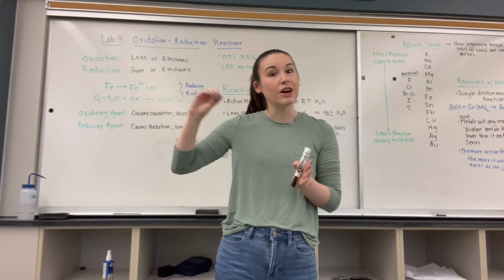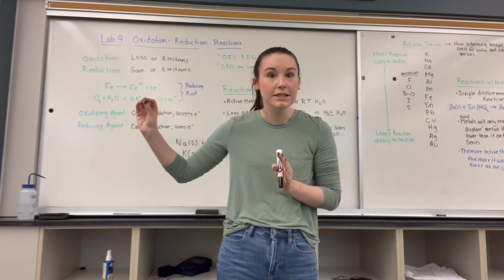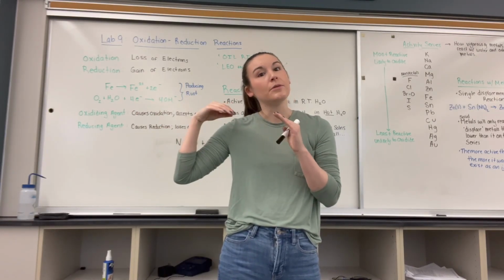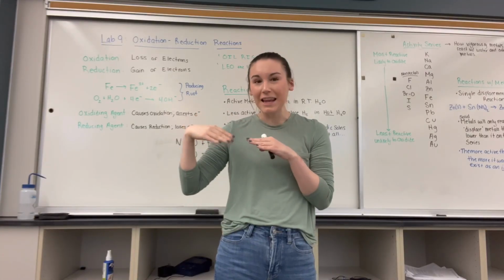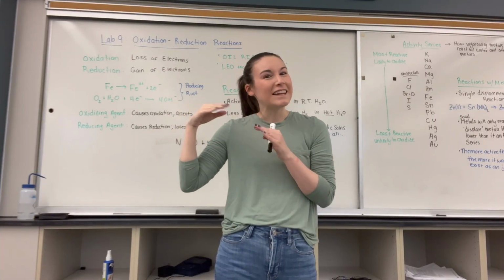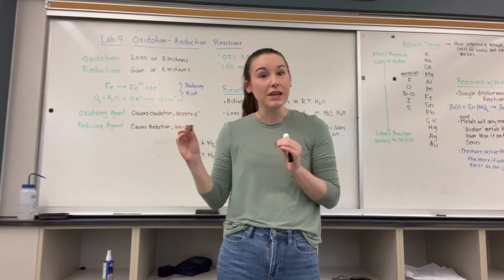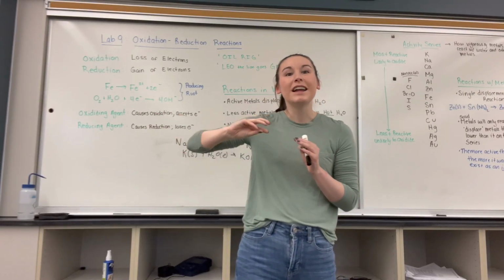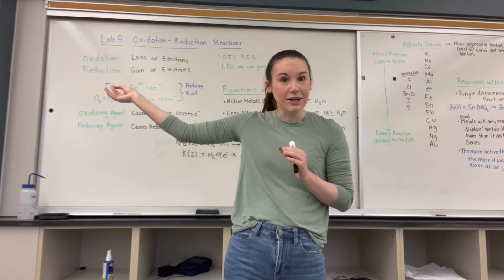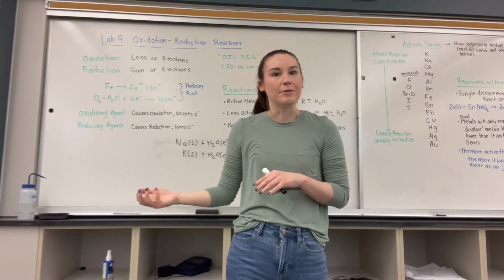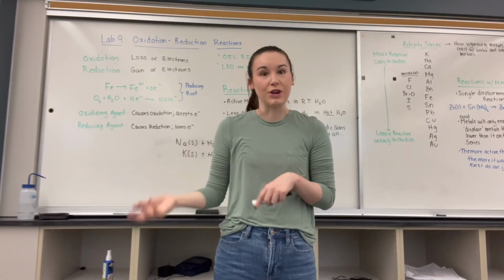So that electron is even further away from its nucleus, and the attractive pull between that electron and its nucleus is a lot weaker than with sodium, so it's a lot easier to take that electron off, and that ends up in a more vigorous reaction.